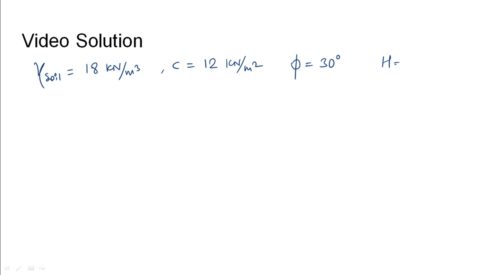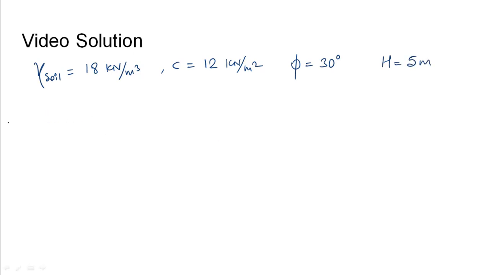Coming to the question, we have been given the density of soil as 18 kilonewton per meter cube. Cohesion is given as 12 kilonewton per meter square. Effective angle of friction phi is given as 30 degrees, and the height of the retaining wall is given as 5 meters.